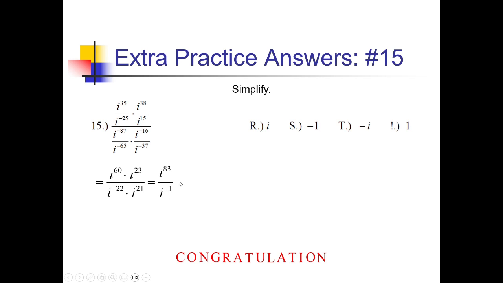Now I'm going to subtract the exponents again since I'm back to division. So we have 83 minus negative 1, or plus 1, gives us i to the 84. Looking at multiples of 4 now, or division by 4, the remainder, this is going to be a remainder of 0. 84 is divisible by 4. And i to the 0 is 1. So that means we have an exclamation mark as the final piece of this message.